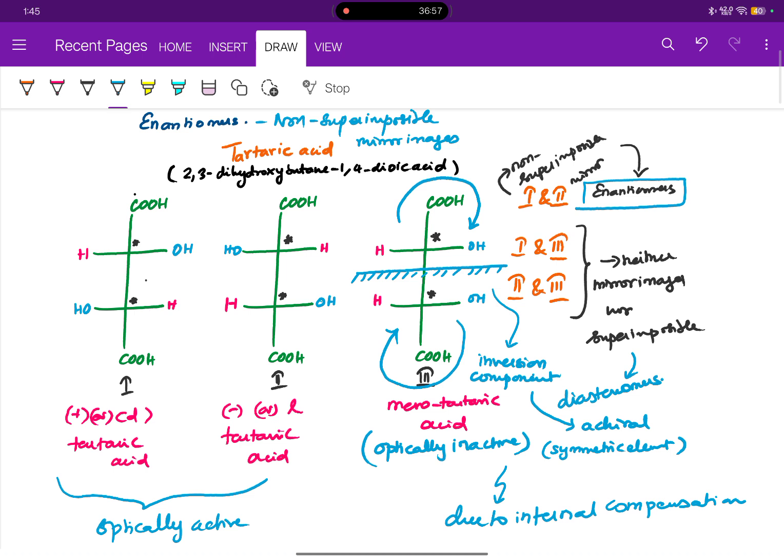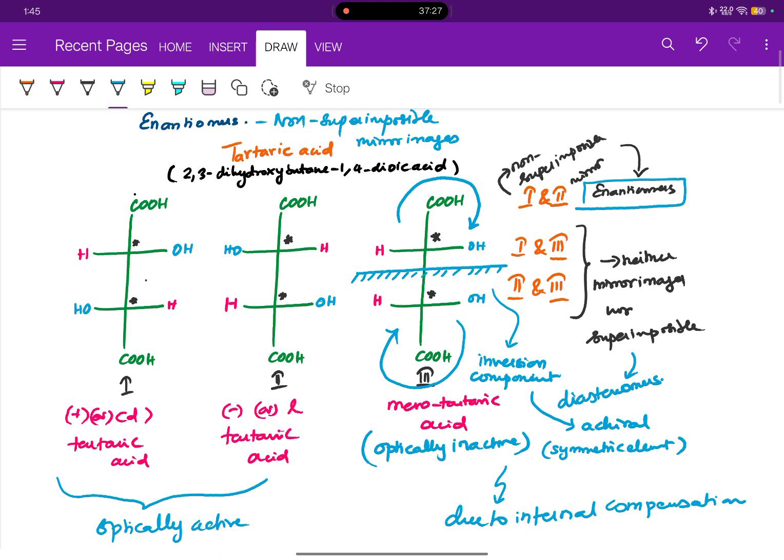I am not taking any other molecule and creating an optically inactive solution. Within the molecule there is a symmetry element. Hence it has an inversion component, hence it is achiral. So due to internal compensation. Whenever there is internal compensation, you can never bring out the optical activity. It's very difficult to bring the optical activity if it has internal compensation.